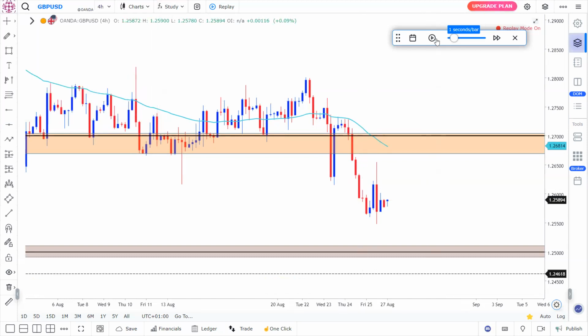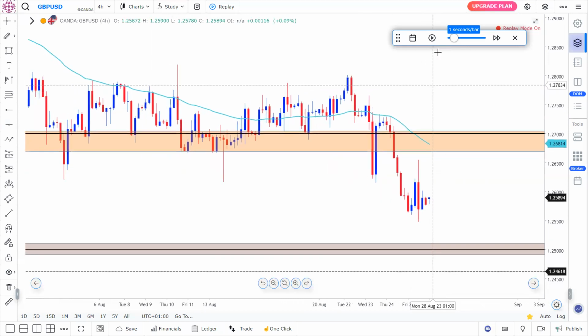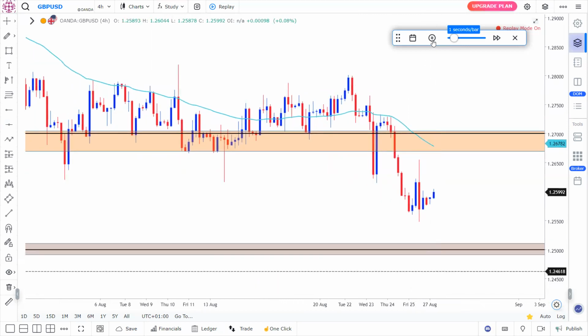And then the next thing, after identifying my area of interest, was to wait patiently for price to come back into my already identified area of interest, where I was potentially looking to get in on selling trade opportunities.